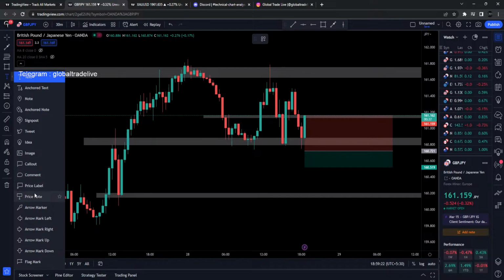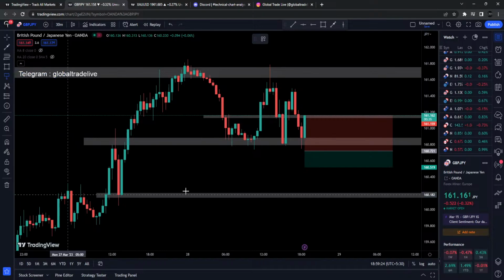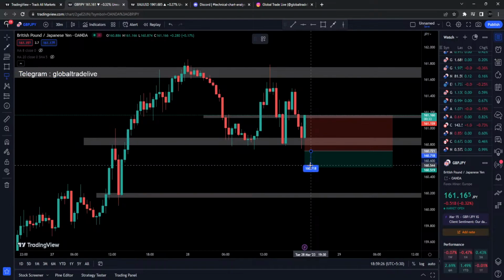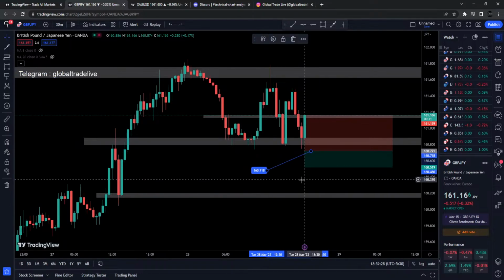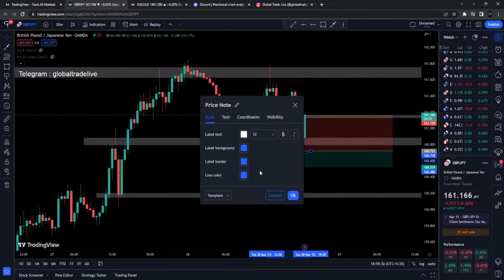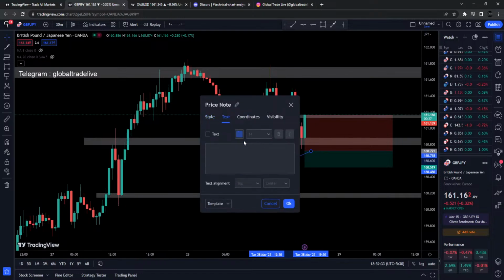Comment, price level, price note. Waiting for this level to be broken.